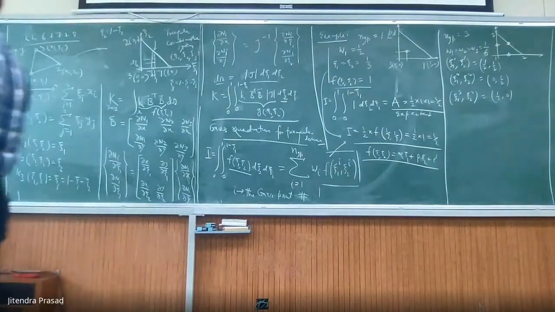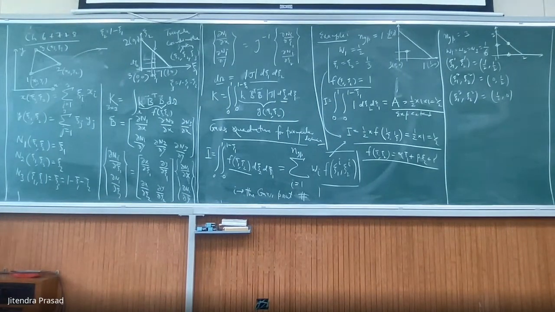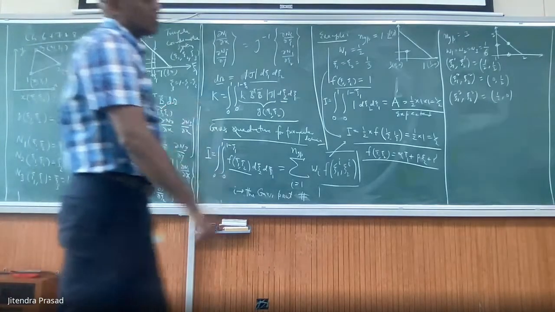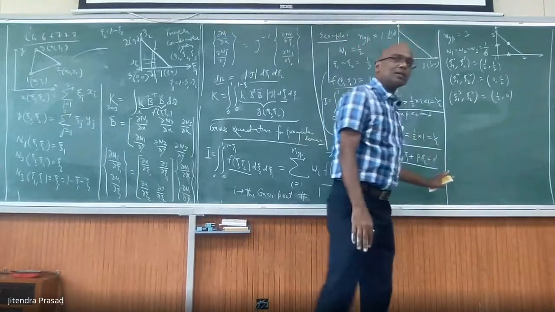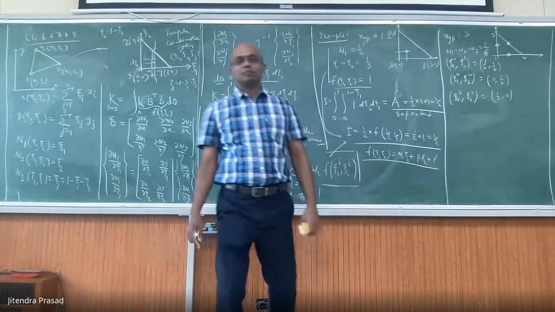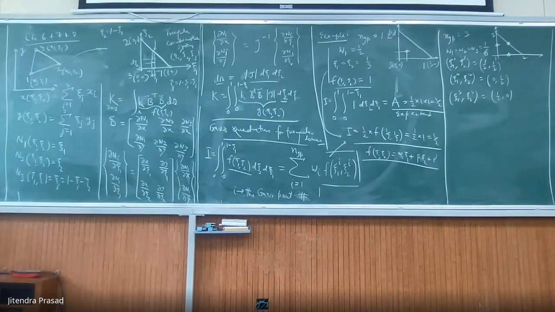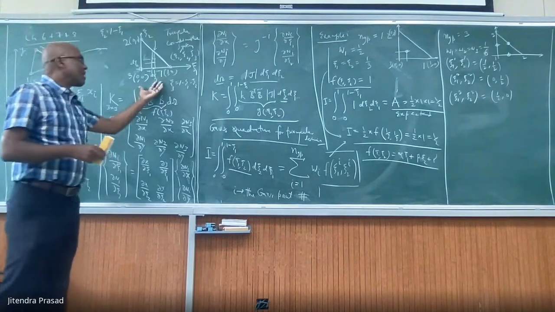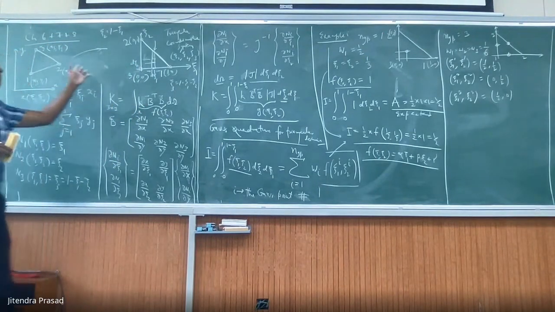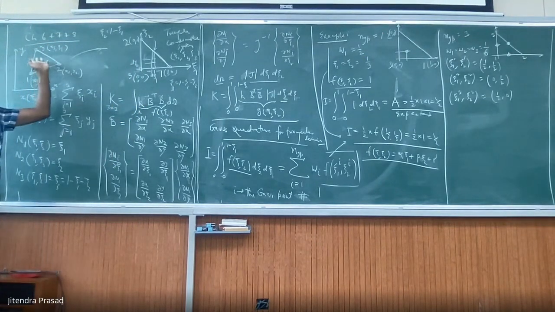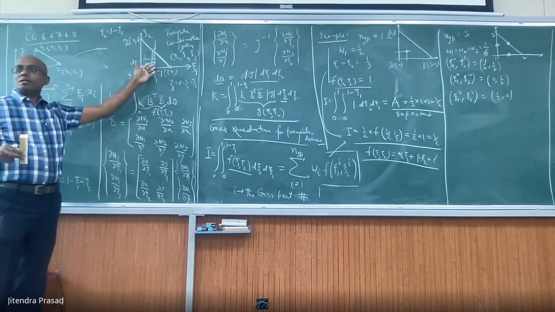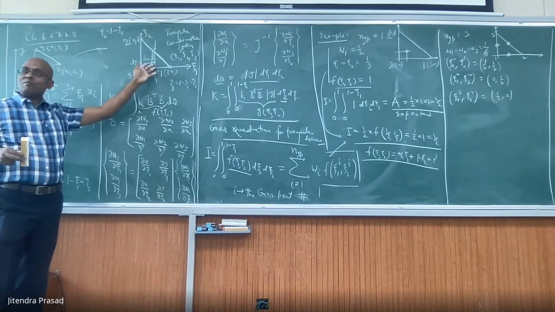Okay, you can refer to your book for higher orders. Those are just numbers only, but the main thing is understanding how it works. Any questions so far? Okay, you understand the advantage of converting any arbitrary triangle into an isoparametric element and working like that.